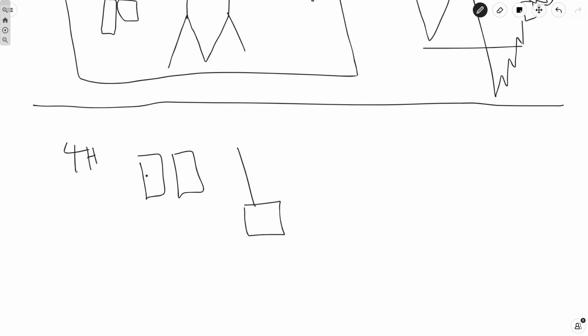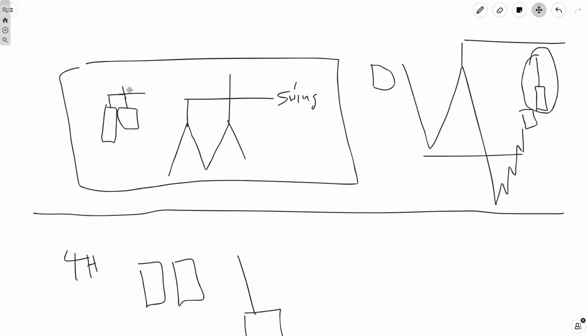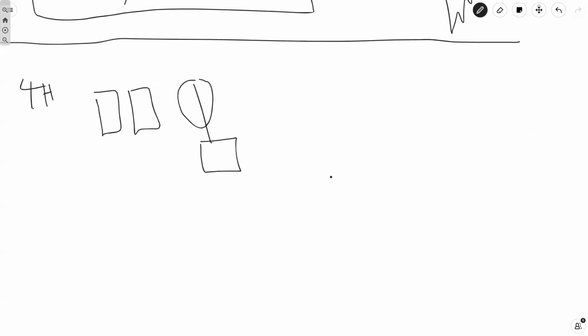At the area that we have marked, this area here, we need to observe if we have the thrust candle or, sorry, the rejection. If we have observed such things, the other thing we need to consider at that level is whether we have an FTA.